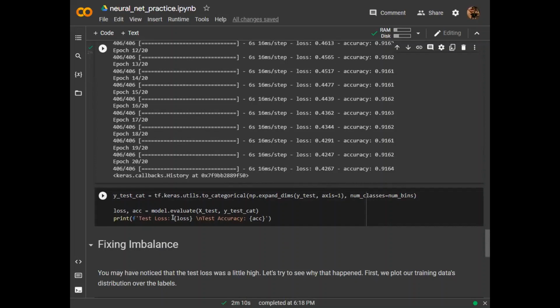Another fun thing, you'll see that if you connect with this callbacks history function or history object. Remember that Jupyter will print the output of whatever function you ran, and we just ran the model.fit function, which outputs this history object. What this does essentially is keep track of lists of all of the metrics that you told it to track.